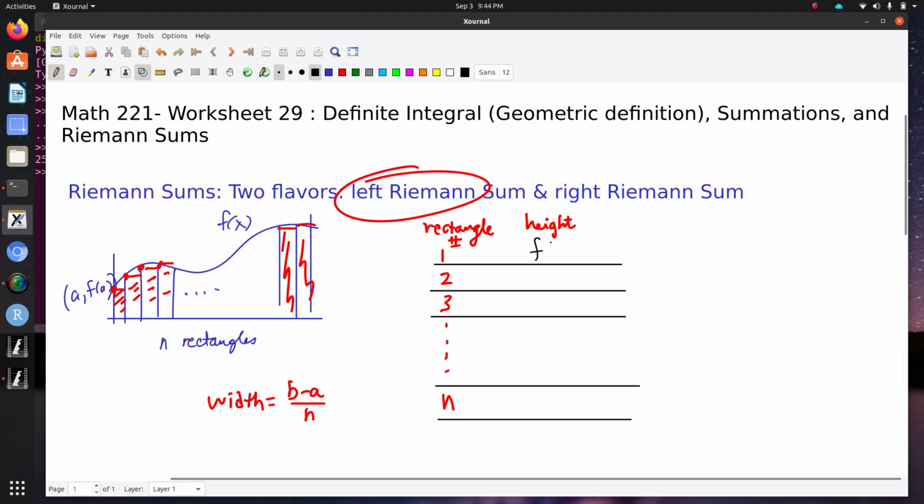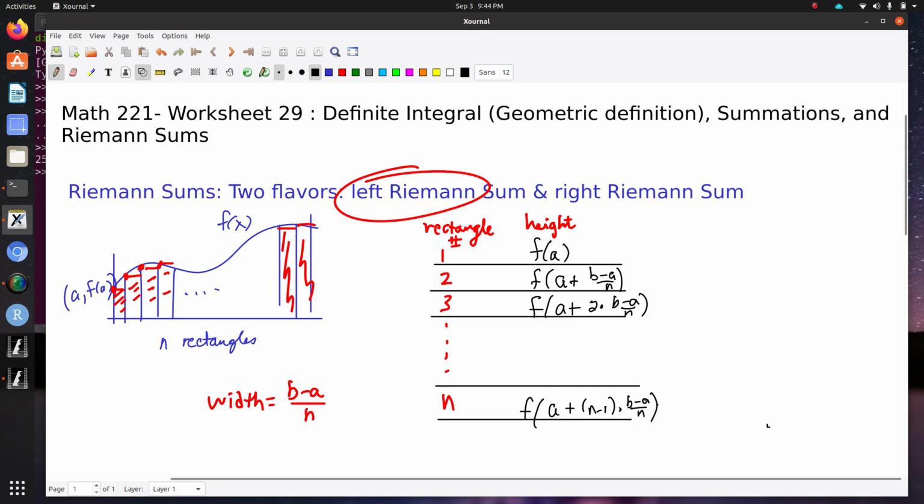So what is the height of the first one? Well, the height of the first one is f of a. And the height of the second one is f of a plus b minus a over n. And then the height of the third one is f of a plus 2 times b minus a over n. And finally we get f of a plus n minus 1 times b minus a over n.